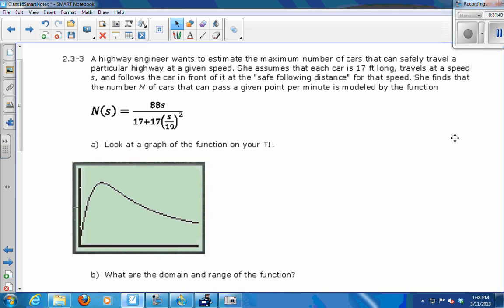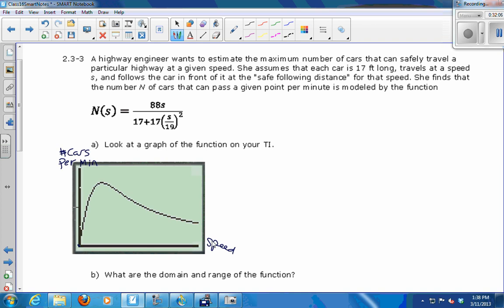So let's talk about why the graph looks like this. Remember, this is speed, and this is the number of cars that passes per minute. So when speed is 0, no cars pass per minute, right? And then as we speed up, more and more cars go by every minute. That kind of makes sense, right?